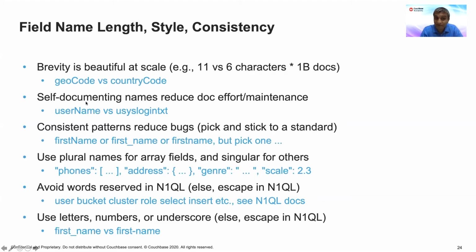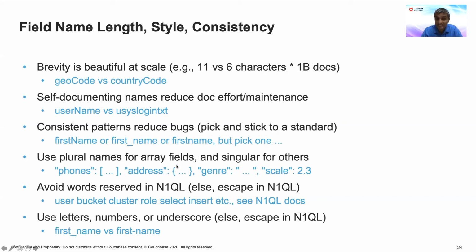So use self-documenting names. Instead of using sys login text, which is not very obvious, please use username. You can use firstName in camel notation, or first_name, whatever suits you is all fine, but be consistent. You don't want to mix and match. Use plural names for any array fields like phones.